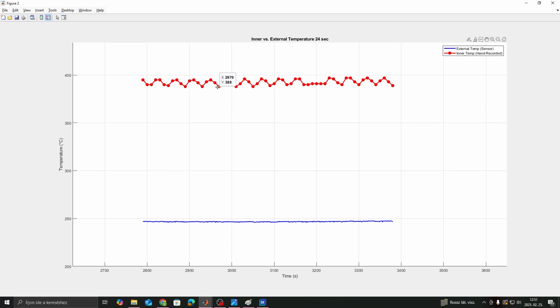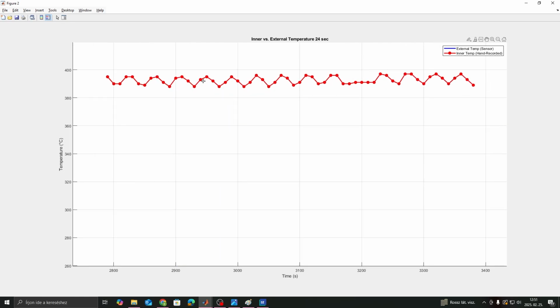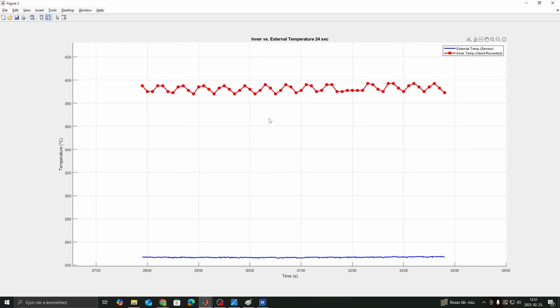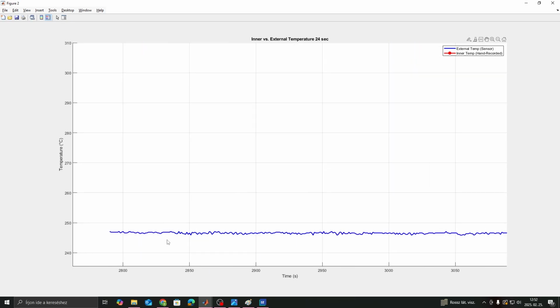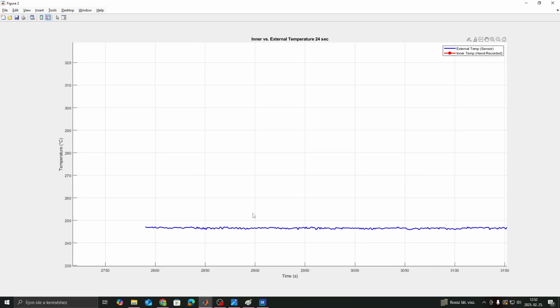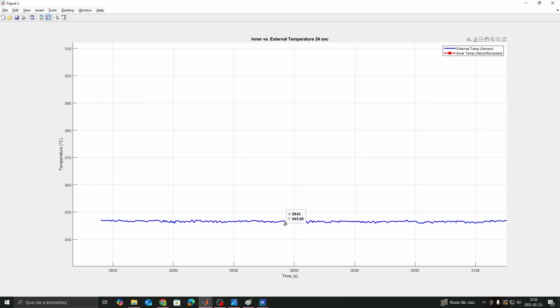But as I said, the inner temp, as you can see, has significant valleys and peaks in terms of temperature, but it shows some cyclical thing. And the outside temp that has been read has quite low deviation, with little peaks and little valleys.